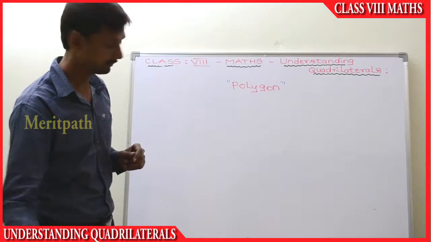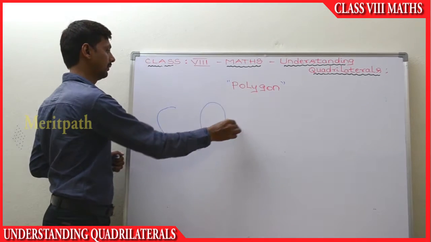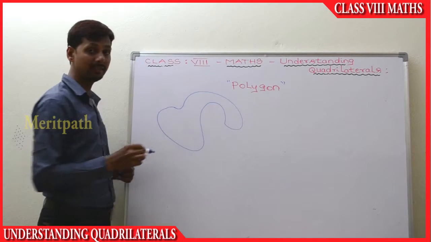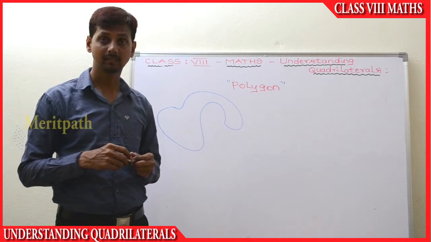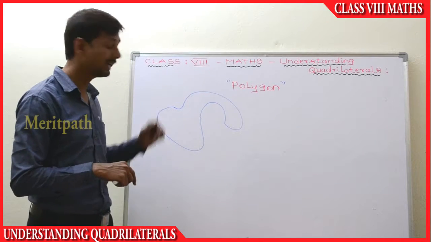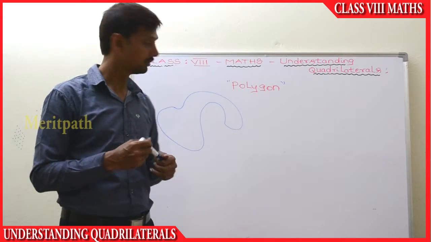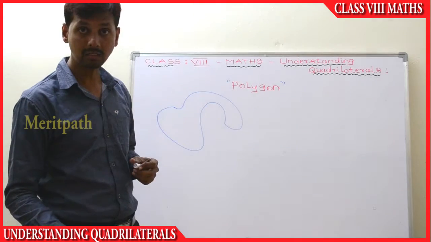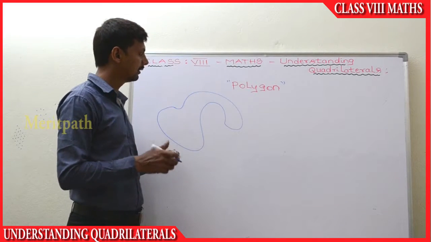For example, draw a line that is not intersecting itself. This kind of figures are called simple curves because the line does not intersect itself. That's the concept.